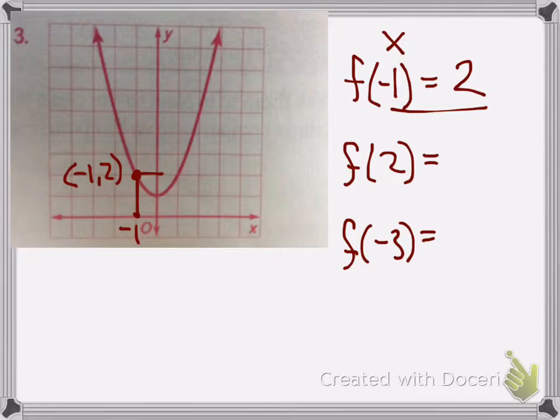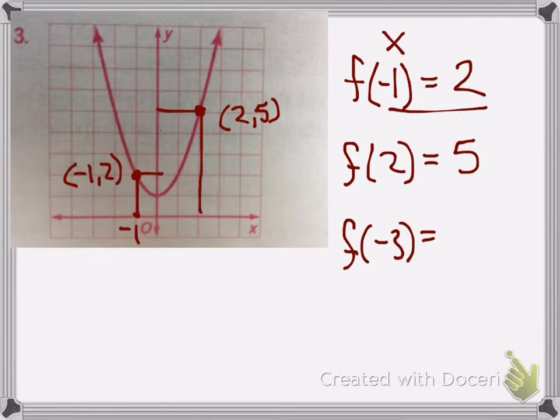Remember, that represents a point. At 2, right here, 1, 2, 3, 4, 5. So I went up to 5. Keep that in mind, that this point right here is 2, crossing over to 5.